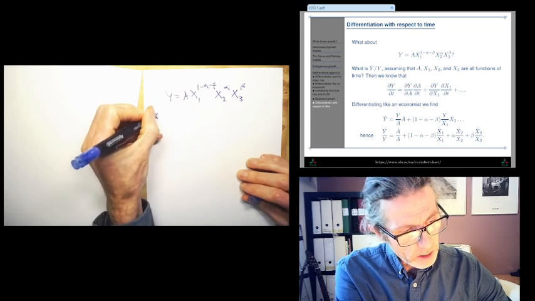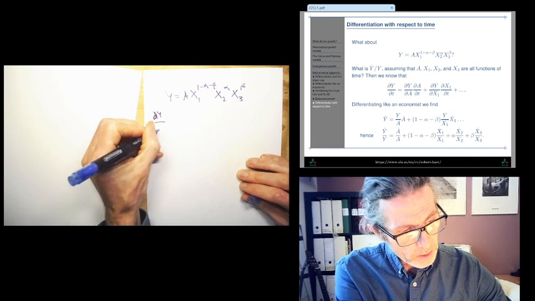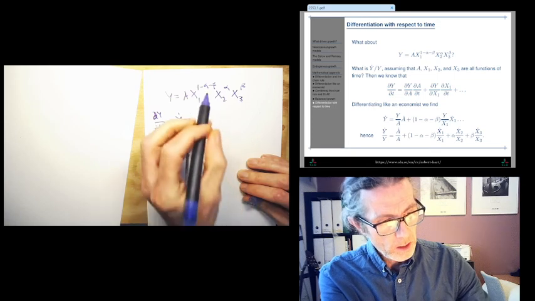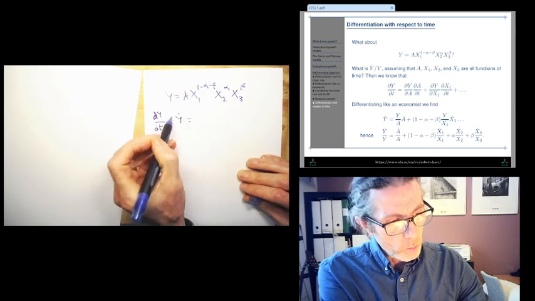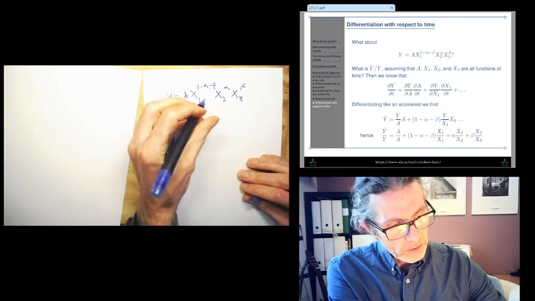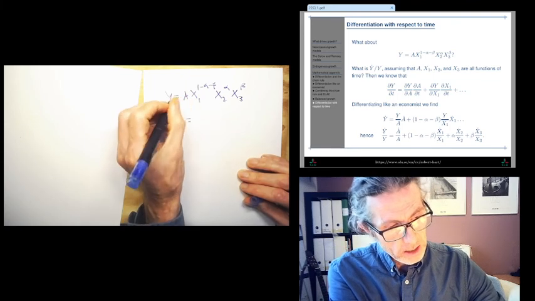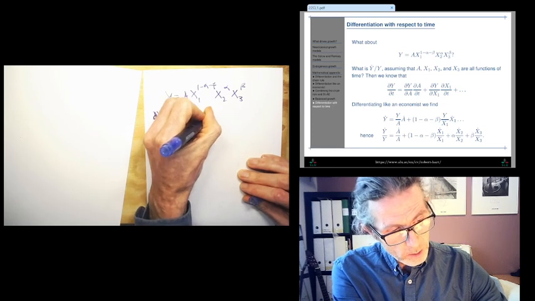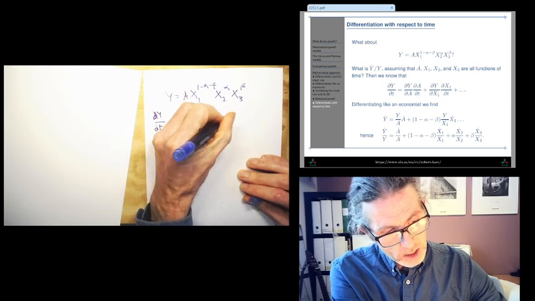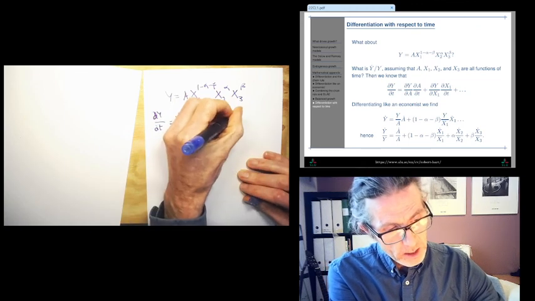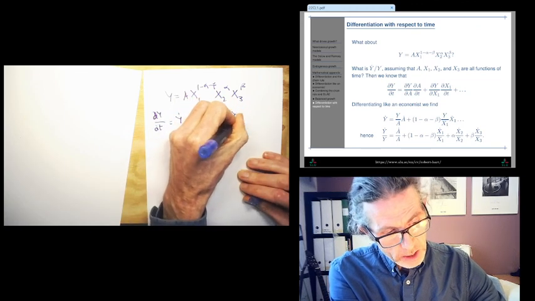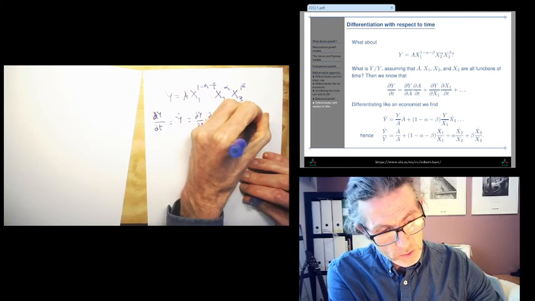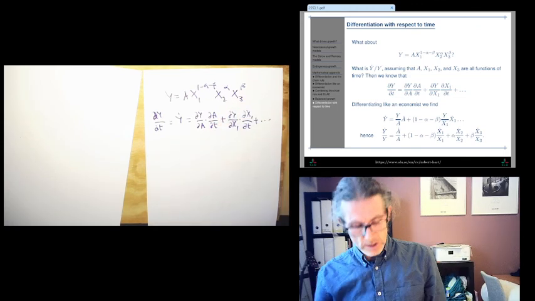Well, we know that dy dt, or y dot, equals how much y changes with time. It's how much y changes with a multiplied by how much a changes with time, plus how much y changes with x1 multiplied by how much x1 changes with time, etc. It's very intuitive.